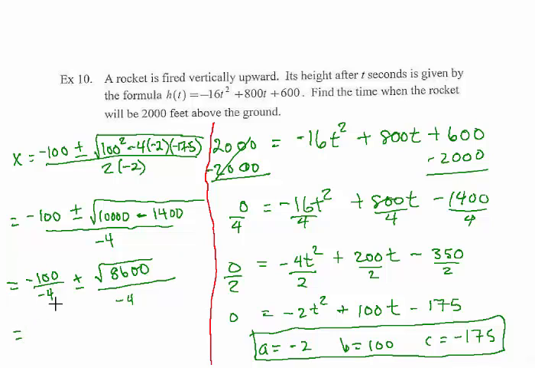The minus 100 over minus 4 ends up being a 25, and we have plus or minus the square root of 8,600, which ends up being approximately 92.7.